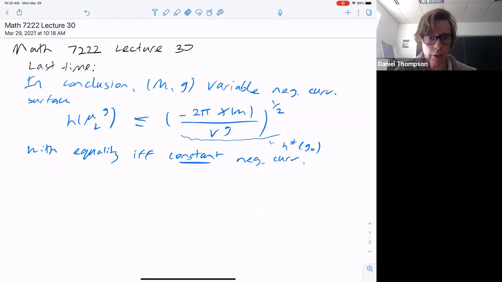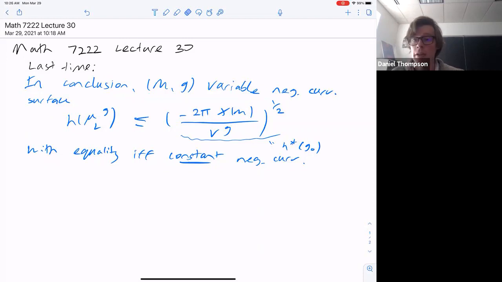Okay, good. So last time we proved the difficult half of Katok entropy rigidity. I'll just remind you what we proved last time. Got a variable negative curvature surface, compact. I'm always assuming compact, I'm just not saying it.